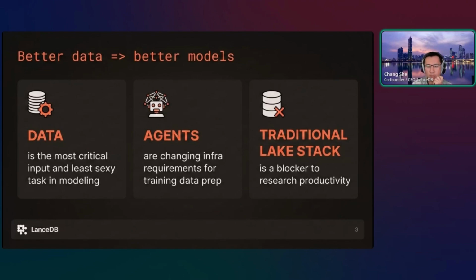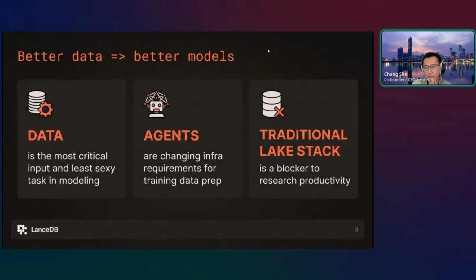And this is where we hear a lot of complaints from cutting edge research teams that they're spending way too much time managing the low level details about their data and the processing infrastructure rather than on core activities that advance the state of their model.